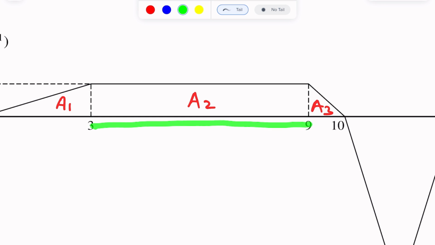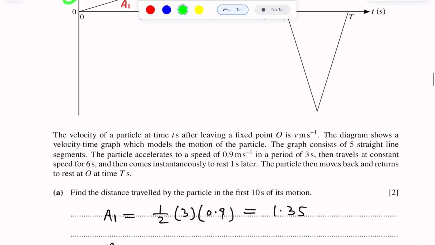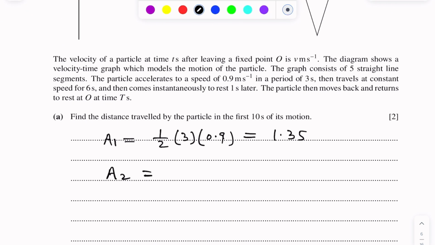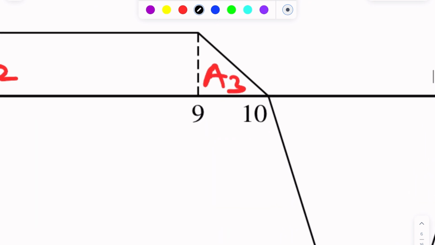Length is 6 and width is 0.9. So the area of the rectangle will be 6 times 0.9. We get 5.4.